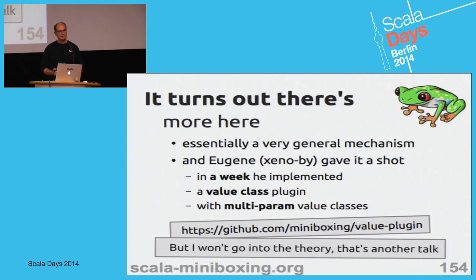So this is a very general mechanism for saying, I have this representation, and this translates from the high level, for example, Scala Int, into int and java.lang.Integer, or from float to long, or to float if it needs to be boxed in some context. So this will be accommodated by the mechanism. Not exactly in the Miniboxing plugin, but you could develop something right away. I mean, 3-4 days of work.